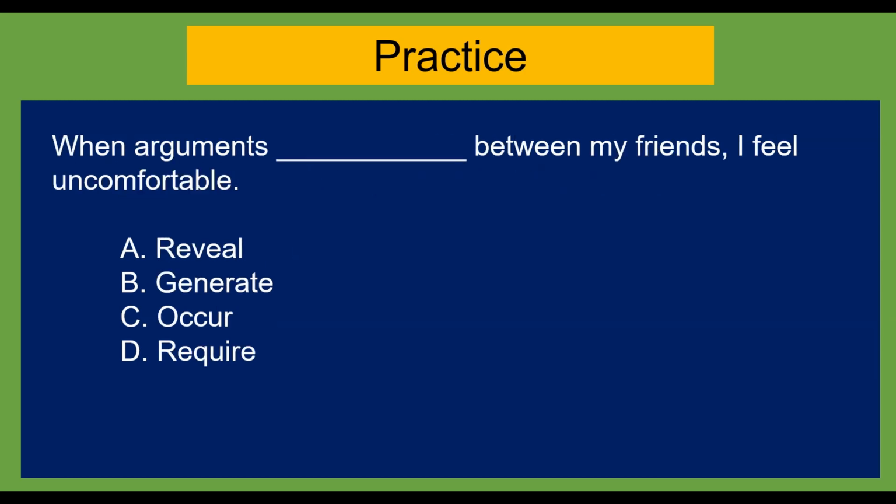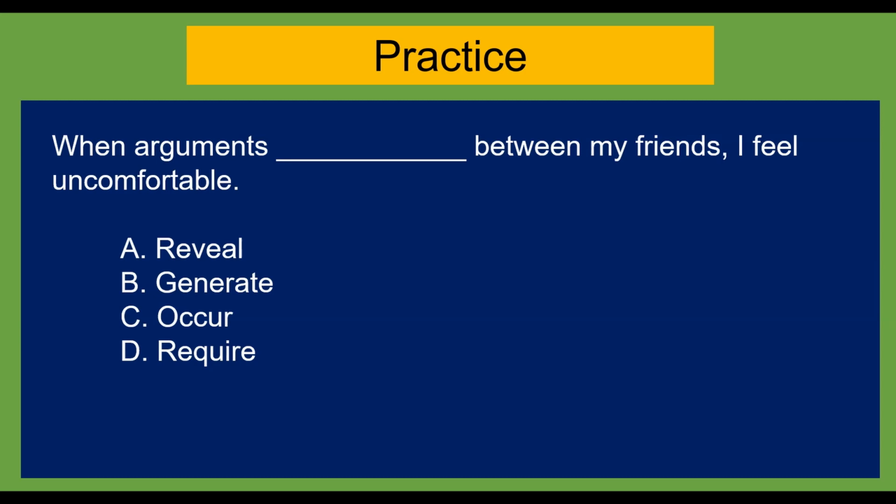When arguments occur between my friends, I feel uncomfortable. Reveal, generate, occur, require. In this sentence, we need a verb, but that's not going to help us because all 4 of our choices are verbs. So we need to think about the meaning of the sentence and the meanings of the verbs to make our guess here.